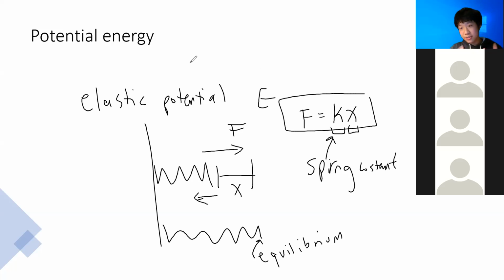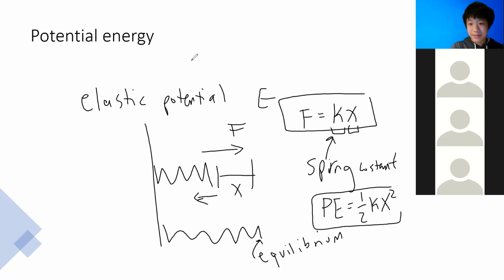So we're not going to actually use this that much right now, but this formula is going to come really in handy later on when we talk more in depth about springs. Okay, so first keep this in mind. So what is the elastic potential energy stored in the spring? Well, the elastic potential energy is going to be given by 1/2 kx squared. Okay, this is the elastic potential energy.